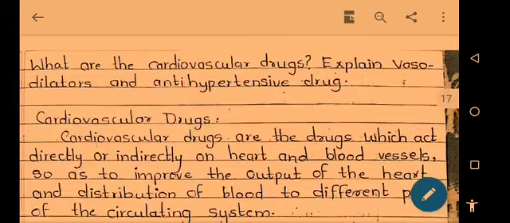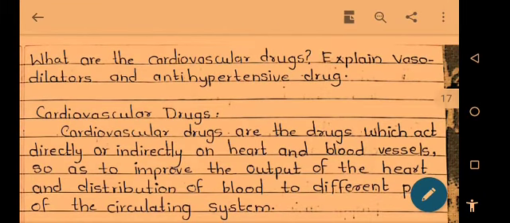The work of the arteries is to transport oxygenated blood, and the work of the veins is to transport deoxygenated blood. There are some vessels which supply blood to the heart, called coronary arteries.